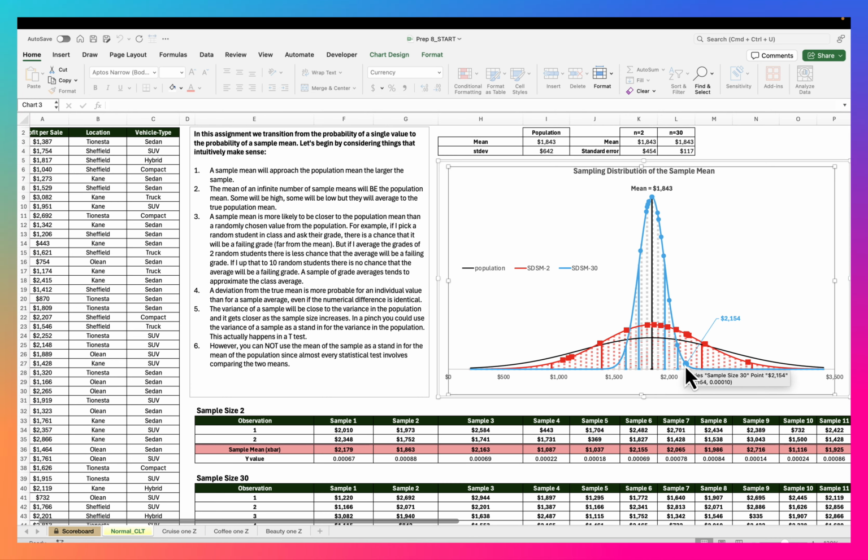So what we're going to be looking for in all the lessons that follow is sample means more than 2 standard errors away, and we'll calculate this. I'm using 2 as a rule of thumb, but we're going to be looking for sample means that are more than 2 standard errors away.